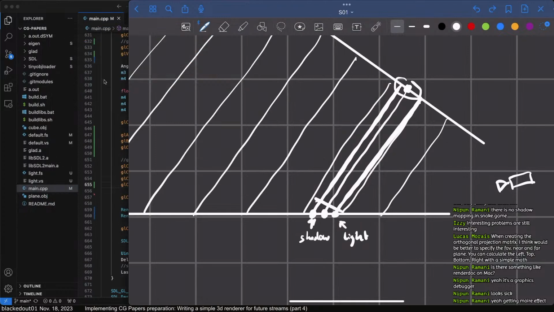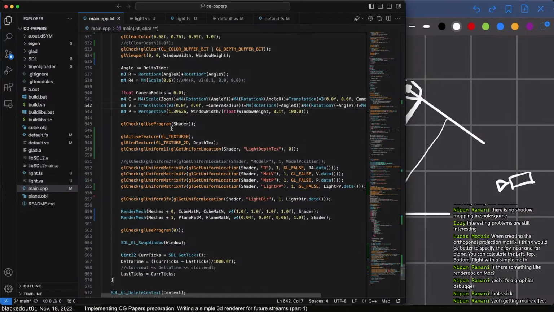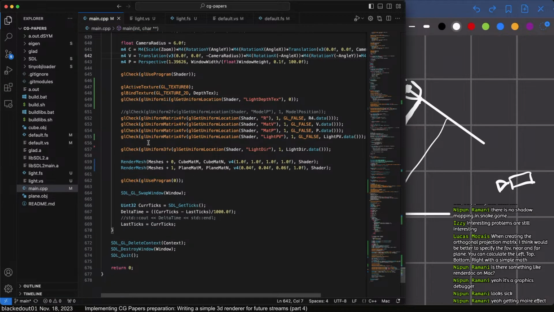Well, maybe I should remove the cube to make this a bit more clear. Let's remove the cube.